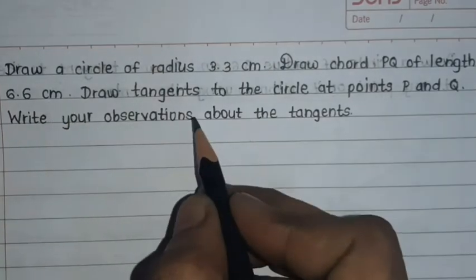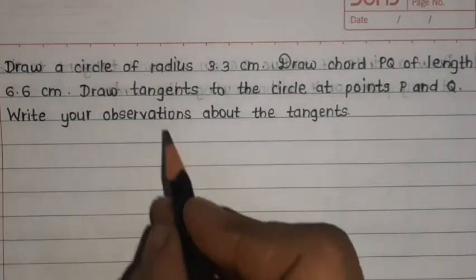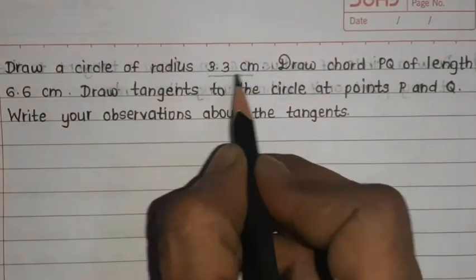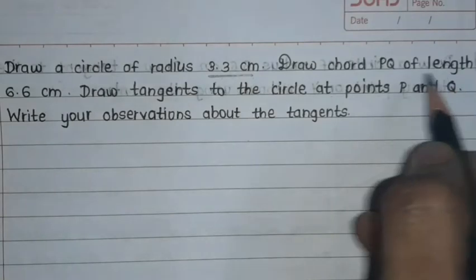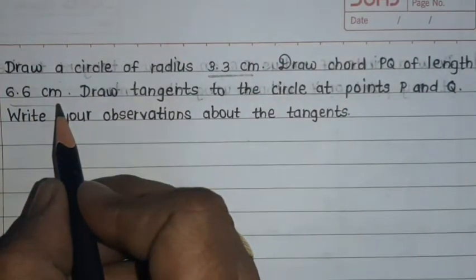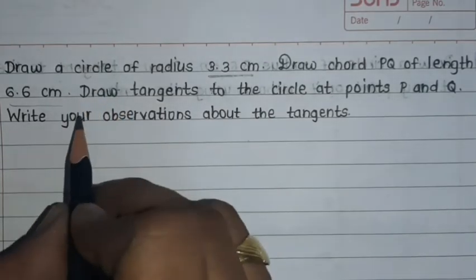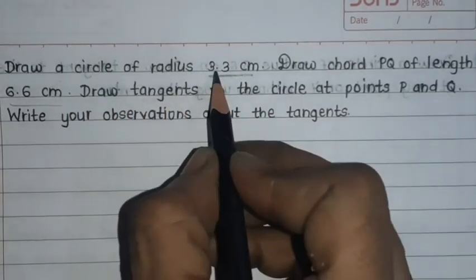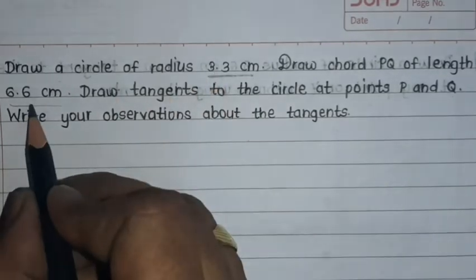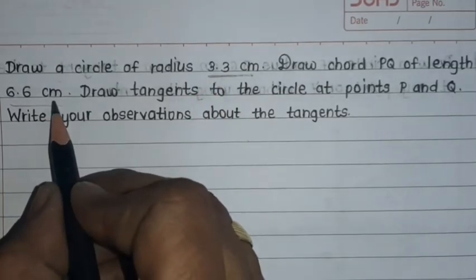Dear student, if you read it carefully, the radius is 3.3 centimeter and the length of the chord is 6.6 centimeter. That means the chord is the diameter of the circle. Radius is 3.3 and length of chord is 6.6, that means double the radius. That means it is a diameter of the circle.